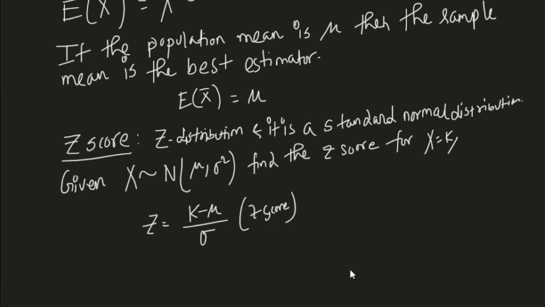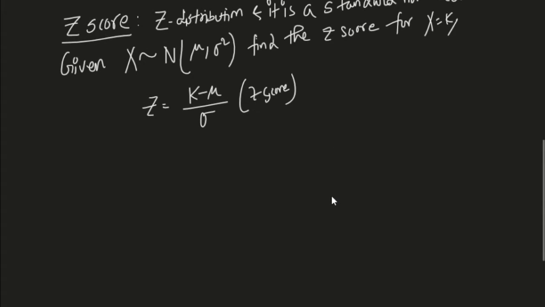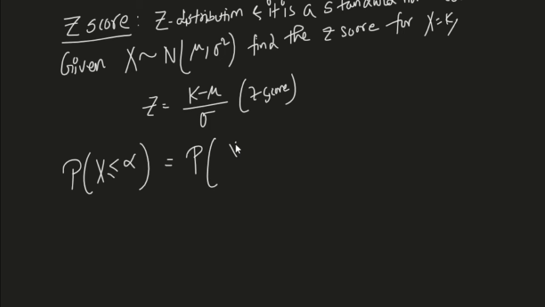So what it means is that the Z score basically follows the normal distribution. Now how to find probabilities of certain things? Suppose we have to find the probability of x less than or equal to alpha. If this is the case, then we subtract the mean on both sides first, then we divide by the standard deviation.